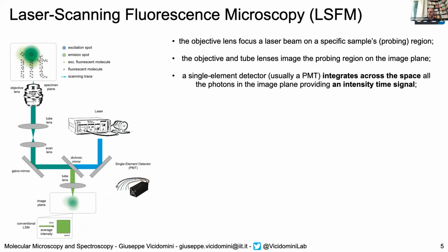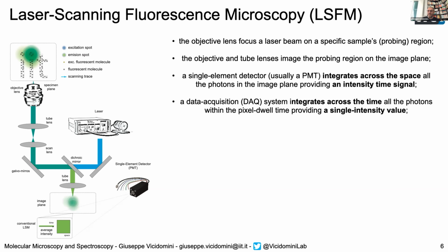But here is what happens: typically, in the image plane there is a single element detector, such as a photomultiplier, that integrates across the space. Since it's a photomultiplier, it has a very high temporal resolution, in the order of gigahertz, but at the end it produces a single intensity signal, a signal that changes in time, but not in space.